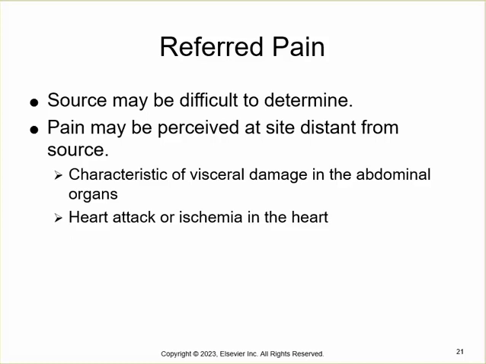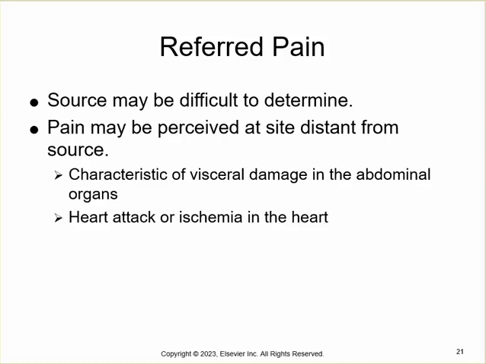Problems with the heart are felt in the left arm and the left neck and the left side of your face. Problems of the liver end up kind of mid back, again, more to the right side. Kidney pain will be felt all along the front and down into your genital region, things like that.